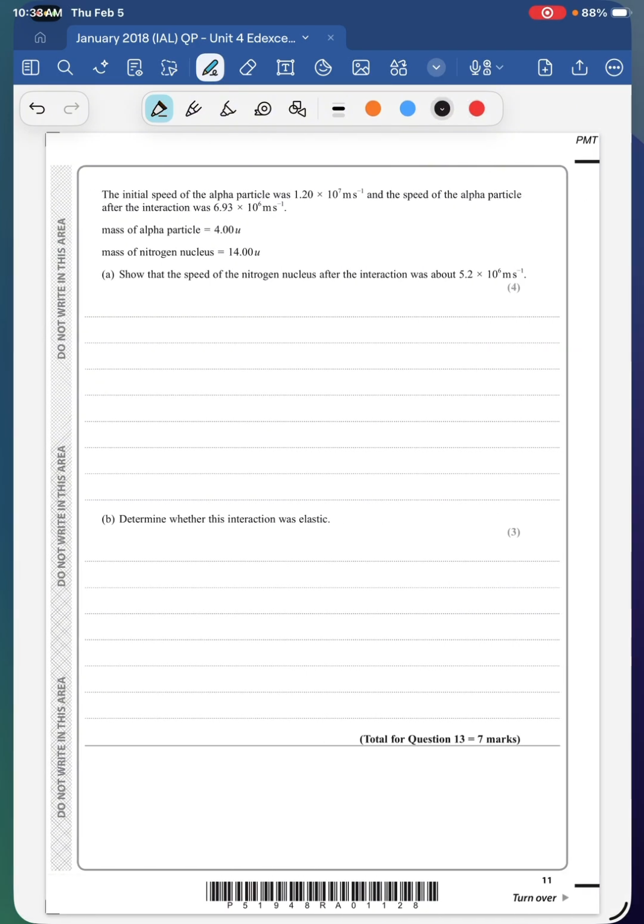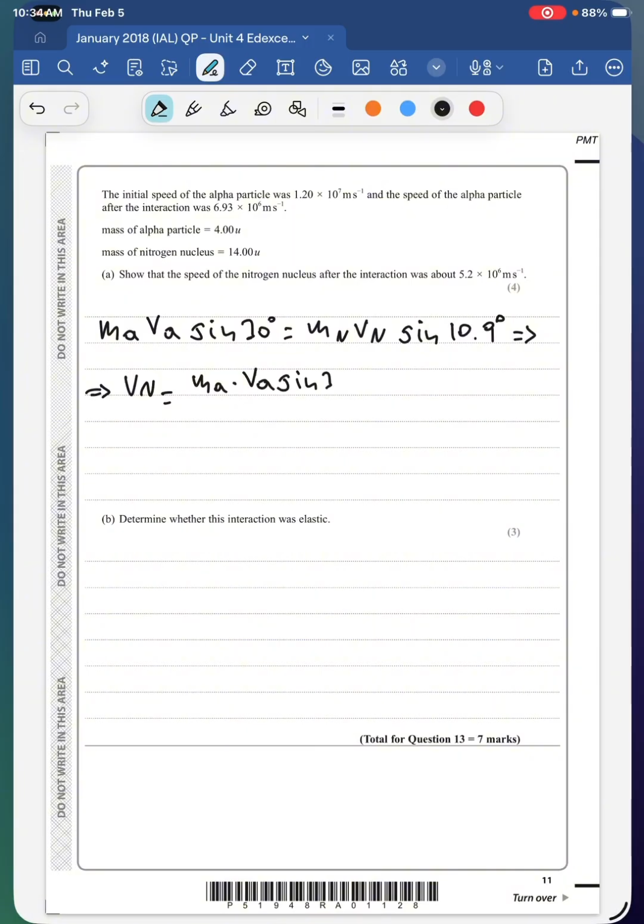So m_a v_a sine 30 should be equal to the mass of nitrogen times velocity of nitrogen times sine of 10.9 degrees. If we solve for v_n, we find m_a v_a sine 30, and in the denominator m_n times sine of 10.9 degrees.